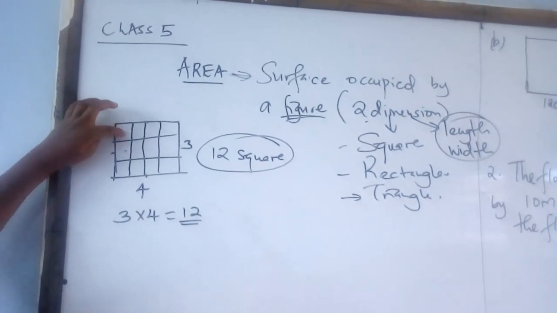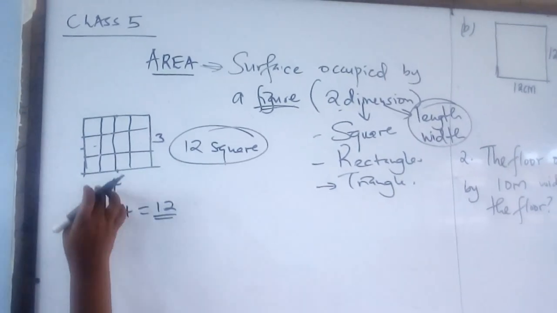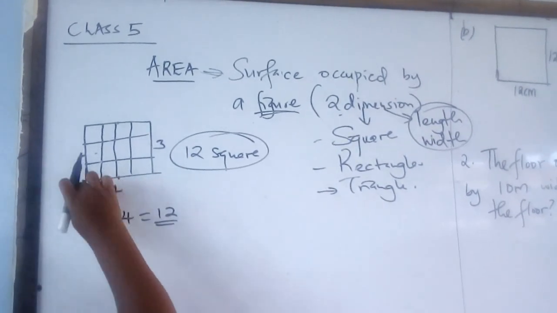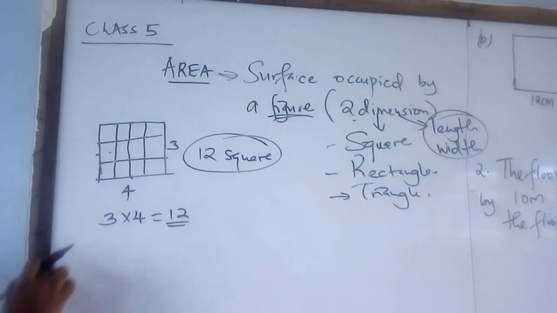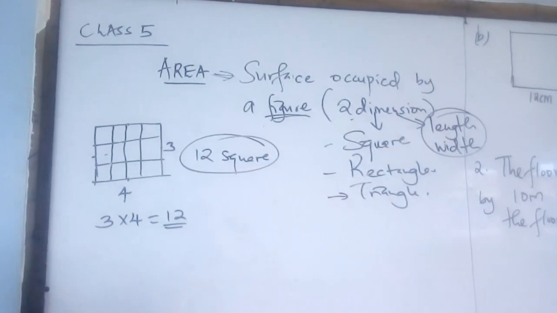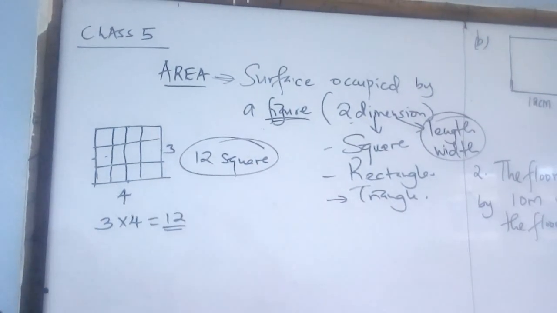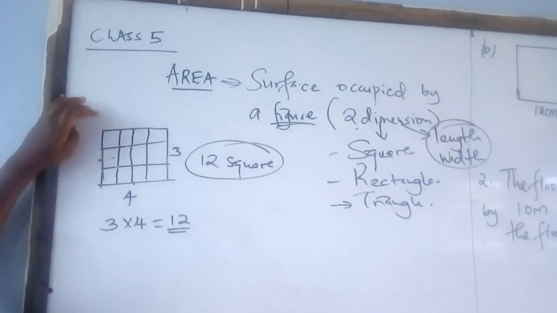So instead of dividing your square into parts, you can also identify this length here and width on the other side. Length is the longer side, width is the shorter side. When you multiply, you get the 12 squares. So this is how we get the area.